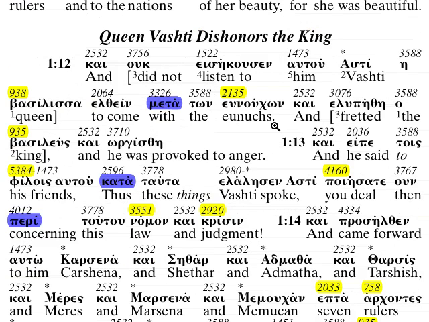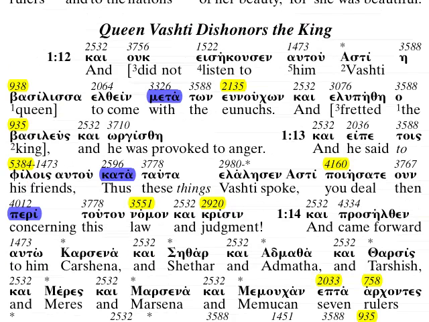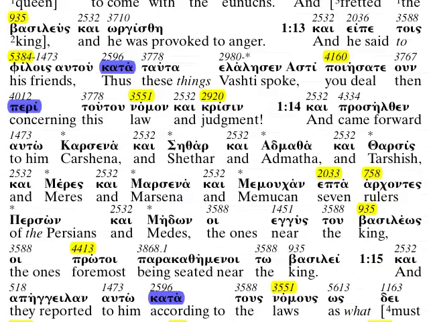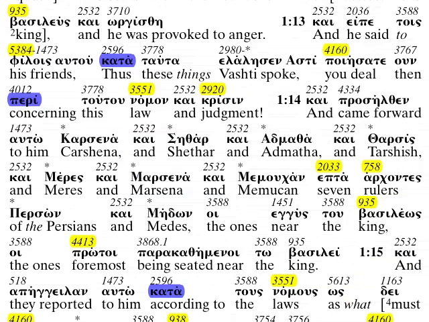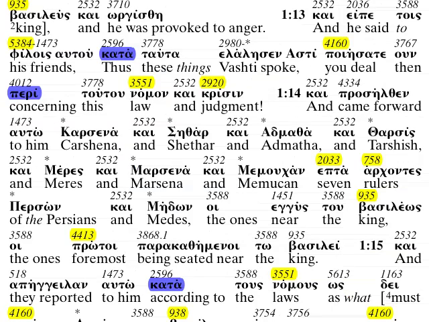And the king fretted, and he was provoked to anger because she wouldn't come for whatever reason. May have been something to do with his not doing it according to the laws, and the family may have determined not to go along with what he was doing. Politics could have been a big part of this, not just that she just didn't want to do it.